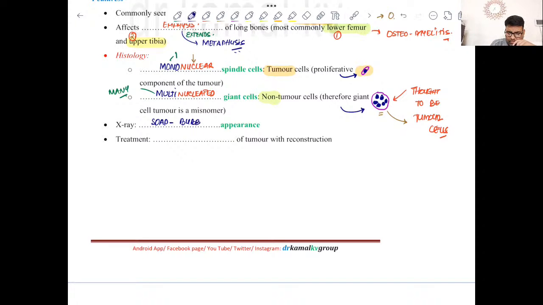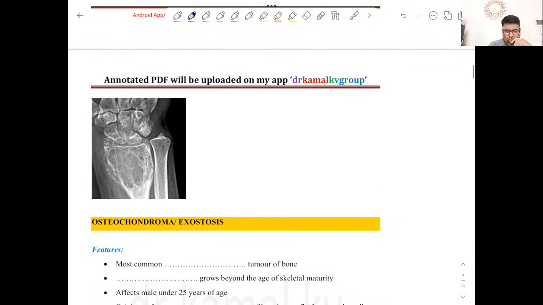So now what you will see on X-ray, I think one finding is clear to all, that is soap bubble appearance. This is a classical term which has been taught to students over the years. But apart from this, I want to show you two more findings. If you draw a line along the long axis of the bone, you will see that the tumor is more towards one side as compared to the other side. So such an arrangement is known as eccentric. Eccentric means more towards one side. Clear?